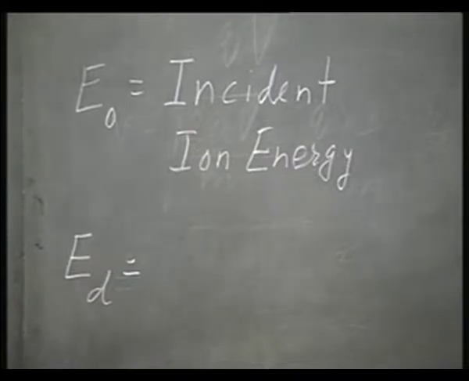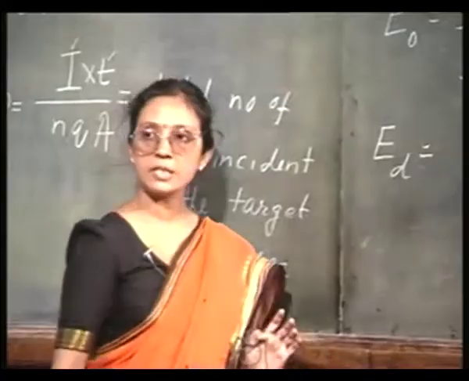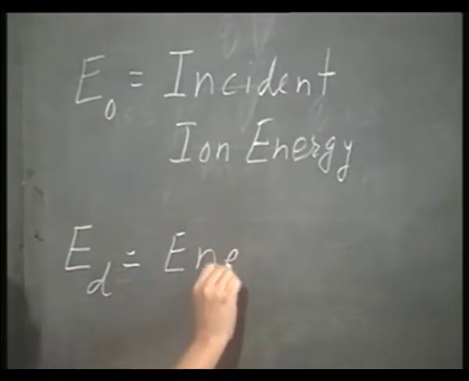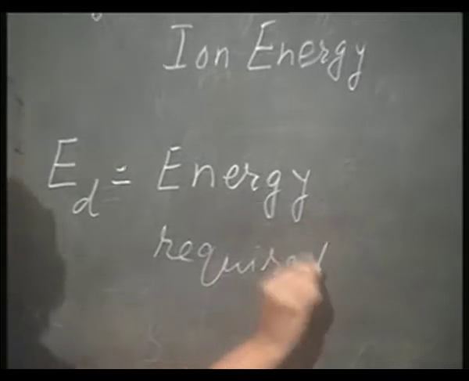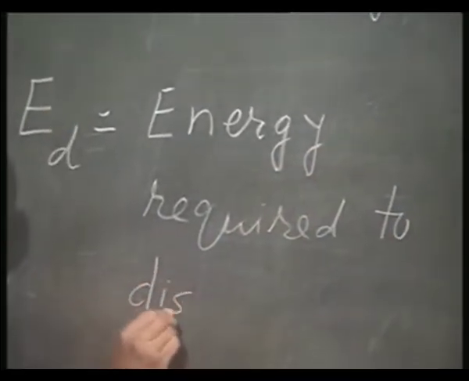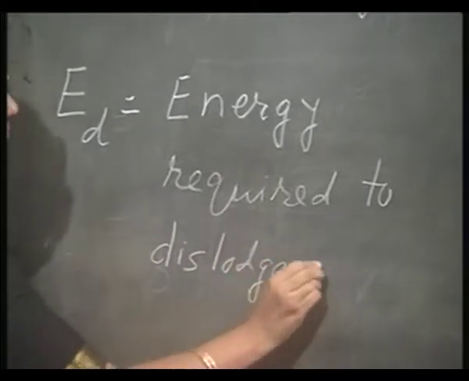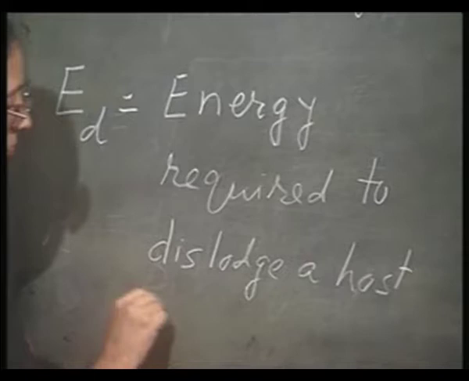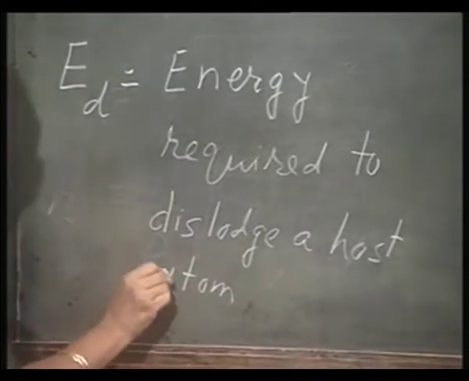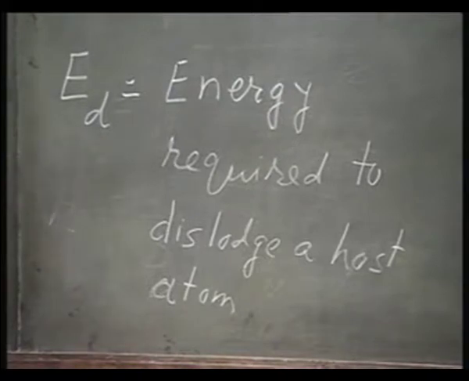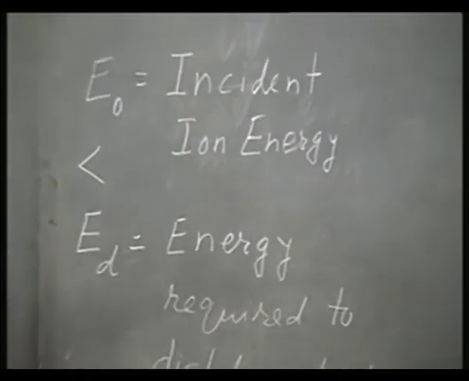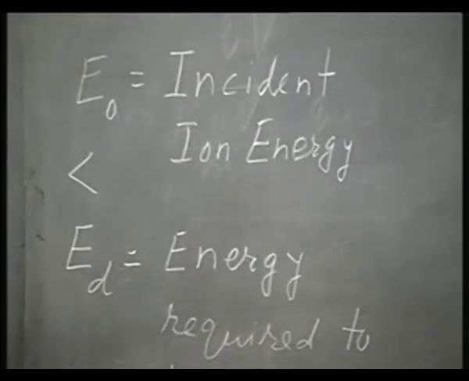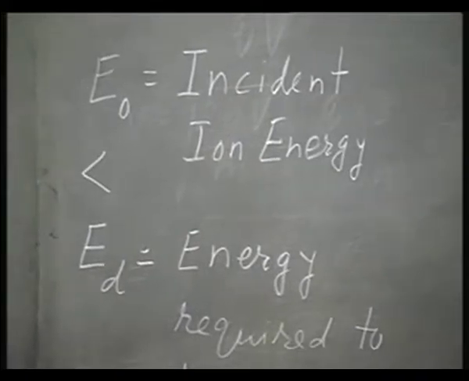To dislodge a target atom from the lattice site, we need an energy ED, the energy required to dislodge a host atom. Then if E0 is less than ED, no problem, no displacement. The incident ion energy is not sufficient to cause any displacement.